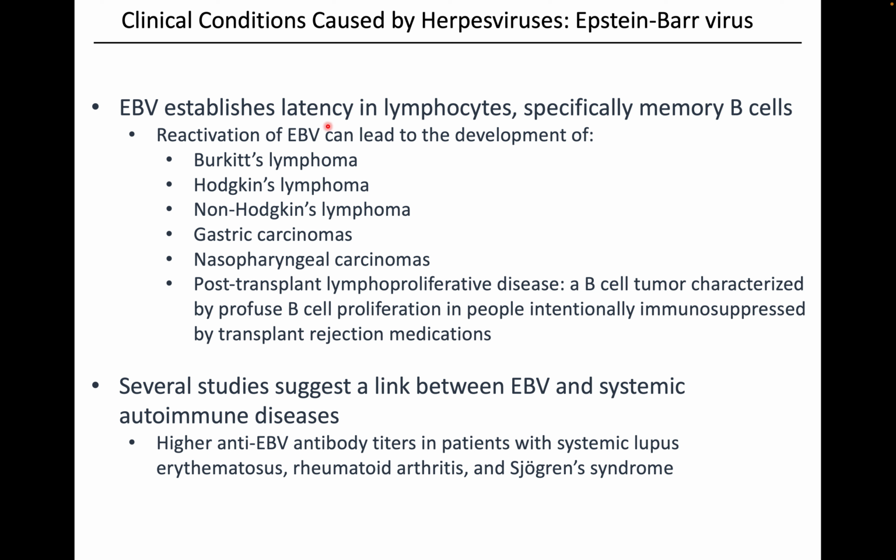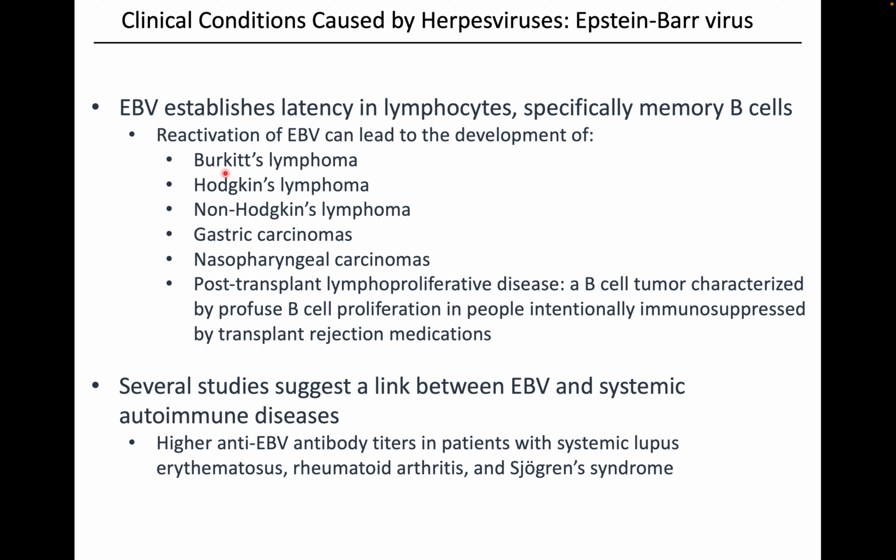So Epstein-Barr is going to become latent in memory B cells, lymphocytes, and you may remember we talked about this. Reactivation can be associated with certain lymphomas and a few other types of cancer as well. But we had seen this.